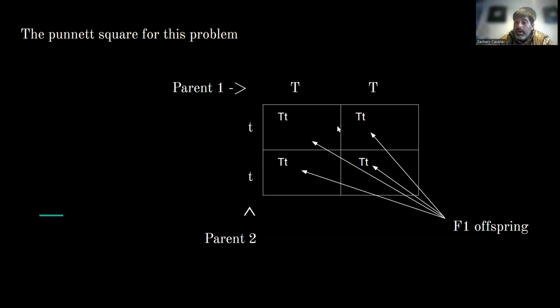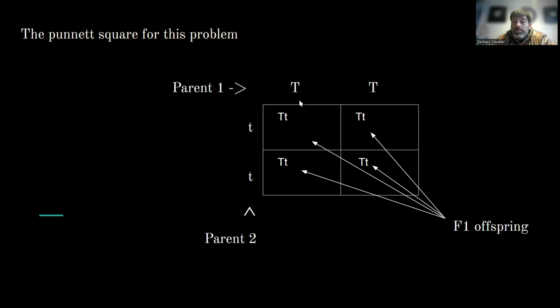In our parental cross, we had a true breeding tall with a true breeding short. We see that all the outcomes are the same. Every offspring here is heterozygous. They're all identically going to appear tall, but they're all going to carry that short allele. We refer to these as the F1 offspring, the F1s.